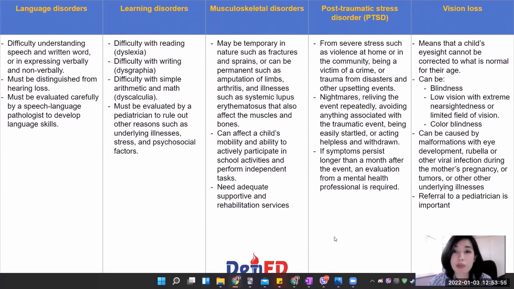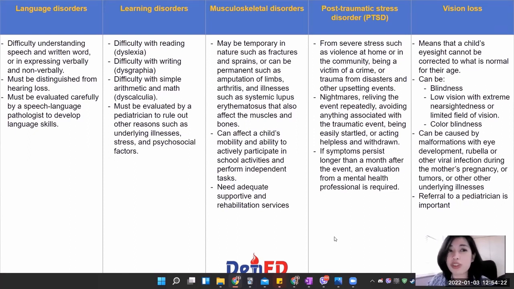Here are several examples of disabilities that one may encounter. Language disorders would include the difficulty understanding speech and written words, or expressing oneself verbally or non-verbally. It must be clearly distinguished from hearing loss and should be evaluated by a speech-language pathologist to help one develop the language skills.